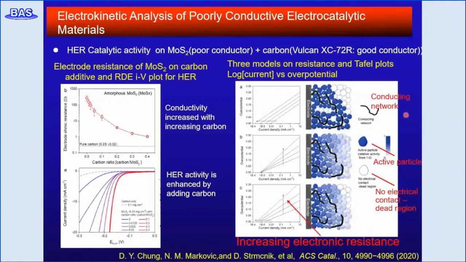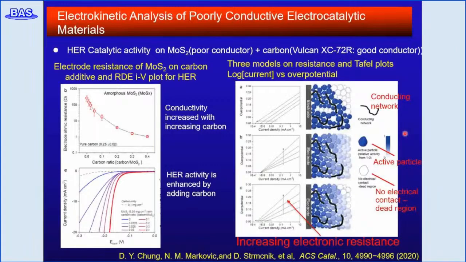The second model is that the particle has a different activity itself. For a particle at a longer distance from the electrode surface, the resistance is higher. As a result, it has lower activity, as shown here as a white circle.